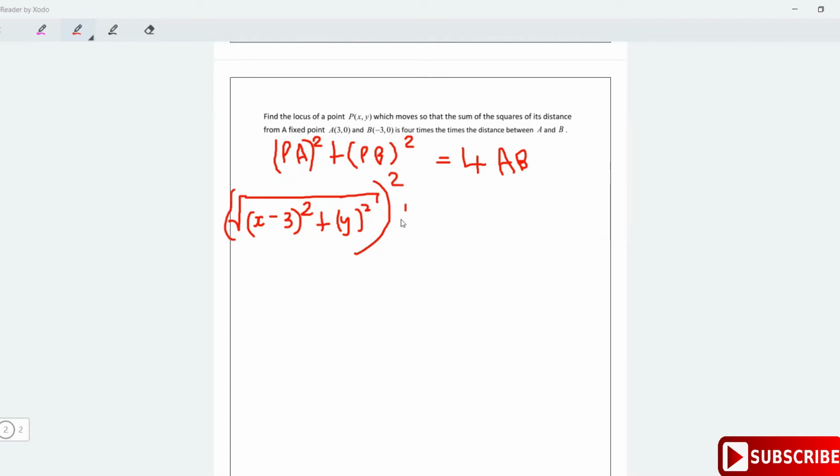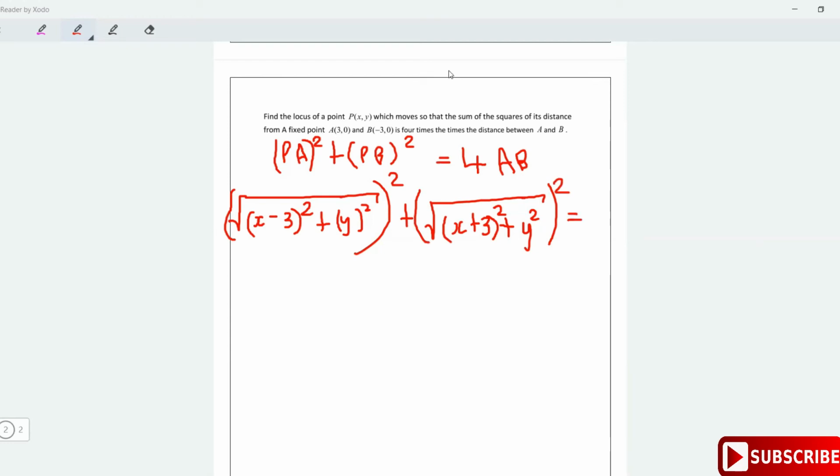Plus PB squared. PB is the square root of (x minus negative 3, which becomes x plus 3) squared plus (y minus 0), which is just y squared. And PB is being squared as well. So this is PB squared, and it's equal to 4 times the distance from A to B.